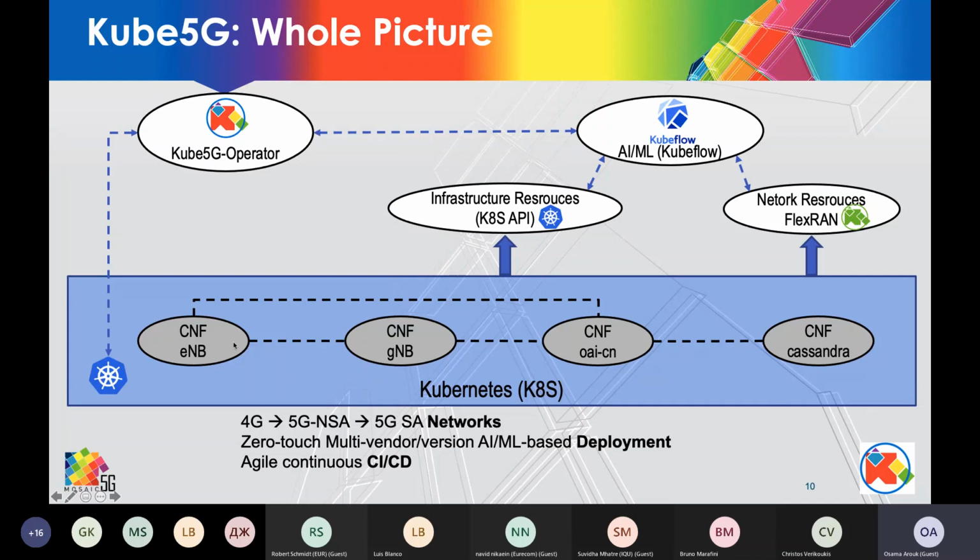Here I provide a practical example for the 5G non-standalone mode. You have the database, the core network, and the two base stations, the first one 5G and the second one 4G.